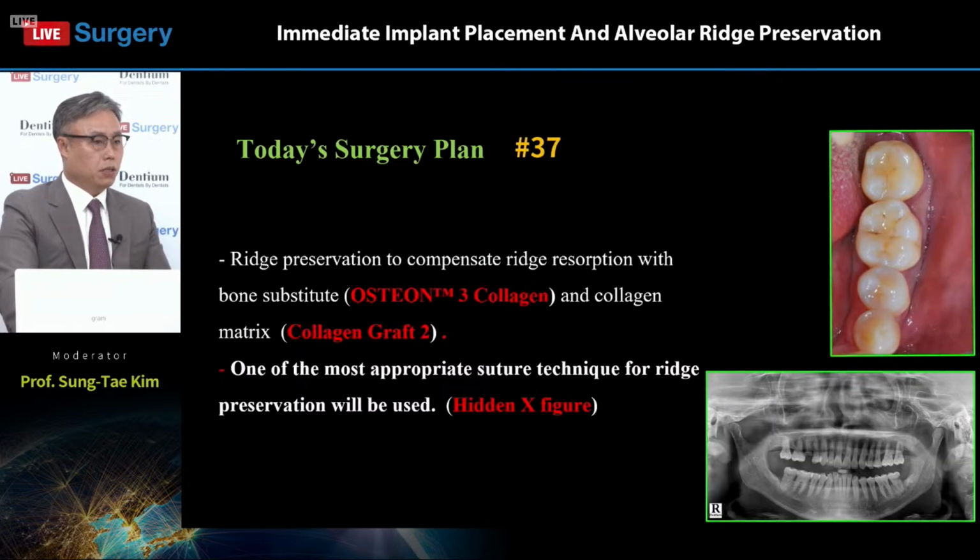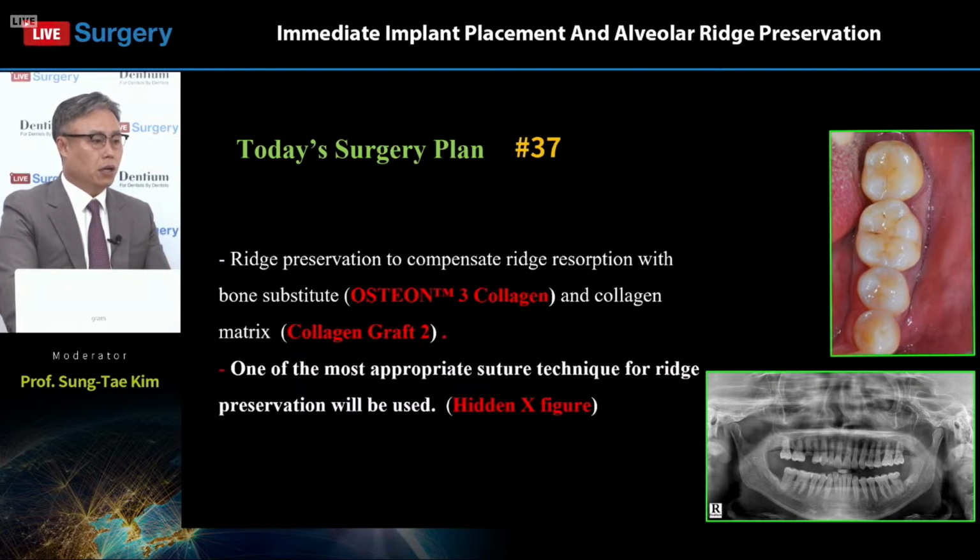About number 37, the lower second molar, ridge preservation will be performed. Ridge preservation is usually performed to compensate for ridge resorption with a bone substitute. The same synthetic bone substitute, Osteon 3, this is not a collagenated bone graft, just a particulated bone graft.